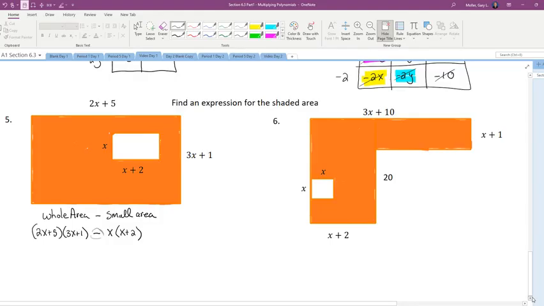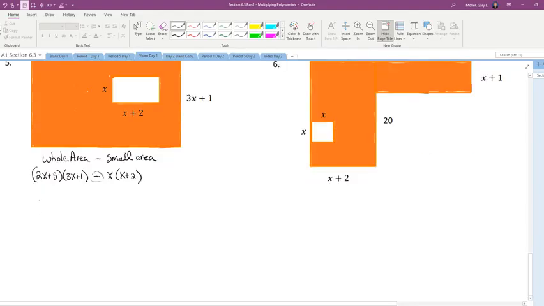So let's figure out the individual pieces. So let me just do it this way. 2x and a 5, 3x and a 1. So this is 6x squared, 15x, 2x, and 5.